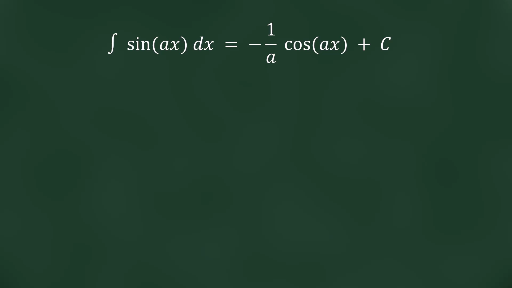Hopefully based on that one, it'll follow pretty quickly that the antiderivative of sine ax is going to be similar. So again, we're going to remember here that the derivative of cosine of x is negative sine x, which means that the antiderivative of sine x must be negative cosine x plus c. And then we have the addition of our a here, so we're going to do the exact same trick we did before.